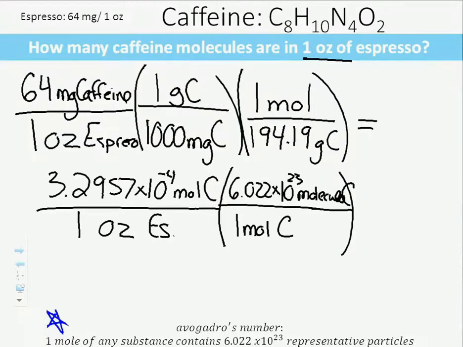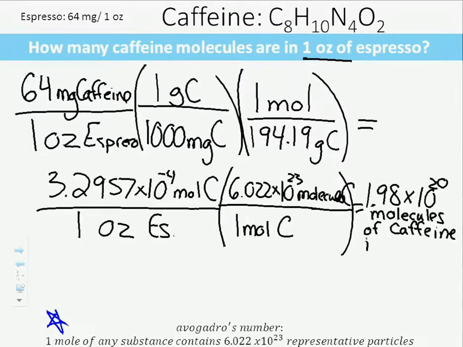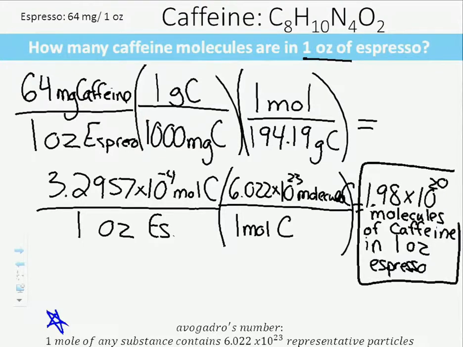So now you go to your calculator and you type in 3.2957 times 10 to the minus 4 times 6.022 times 10 to the 23rd, and that gives us a total of 1.98 times 10 to the 20th molecules of caffeine in 1 ounce of espresso. If you were to put in the correct sig figs, once again, it would actually just be 1 sig fig.